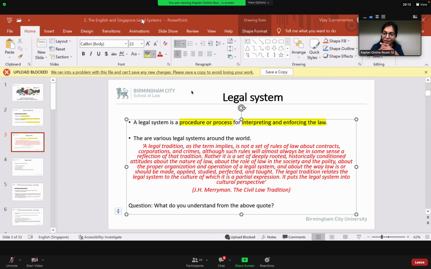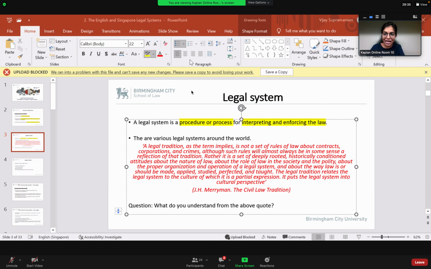So do you see, their legal system is different. The way they enforce and interpret the law is so different. This is how you need to understand legal system: the processes and procedures can be as such. There are different types of legal systems in the world.